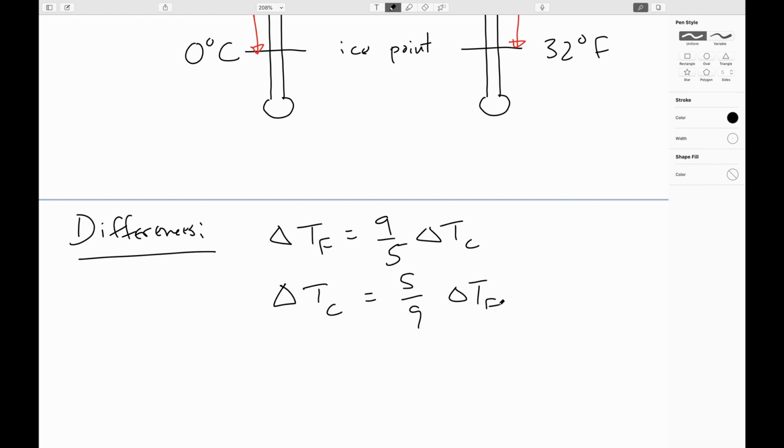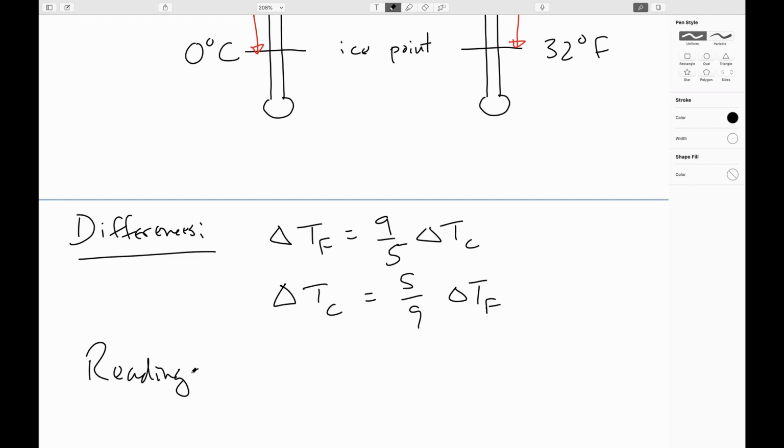So if I have a Fahrenheit temperature difference, and I want to convert that into the corresponding Celsius temperature difference, I would just multiply by 5/9.